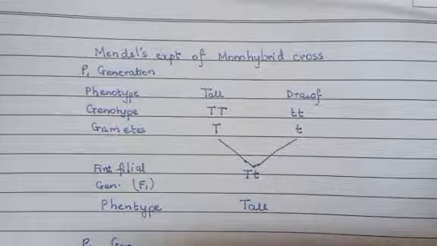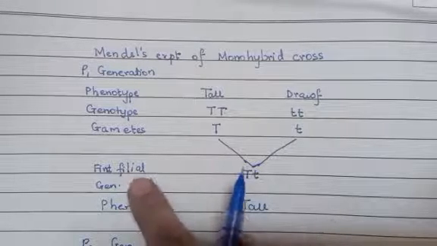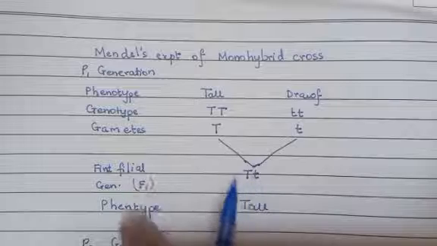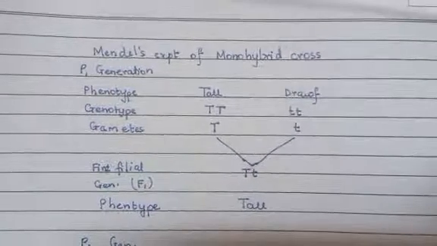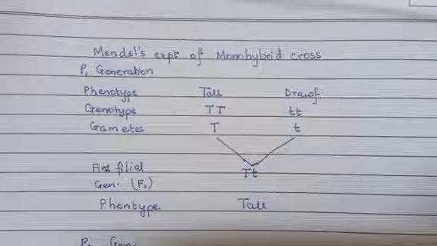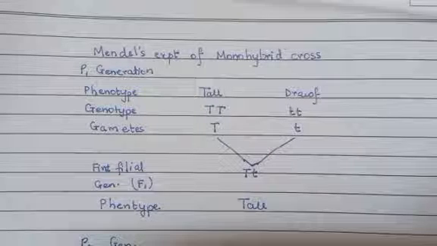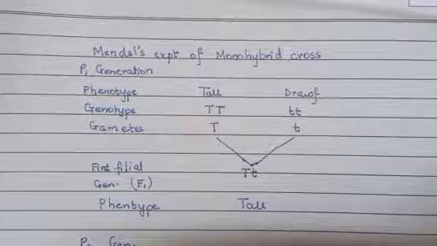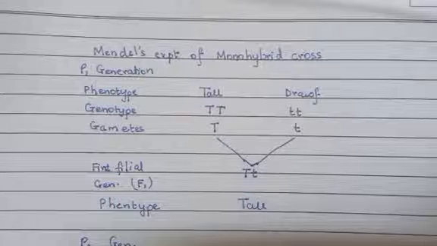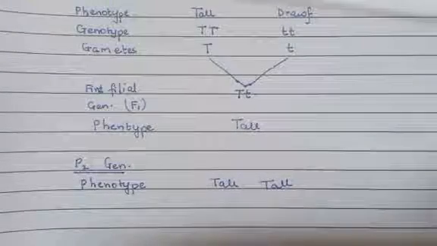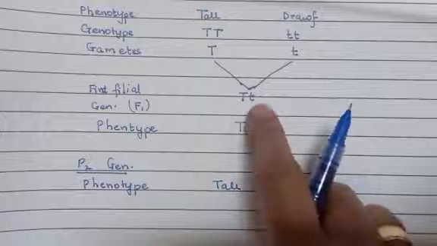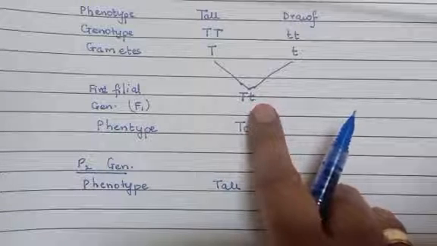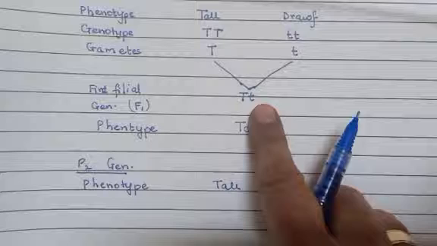In the P2 generation we are taking selfing, which means we are taking these two types of plants only. So this is your P2 generation. Now the phenotype: we are taking two tall plants, but the gametes of these are what we have got in the first filial generation.